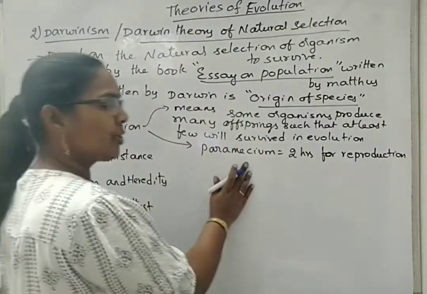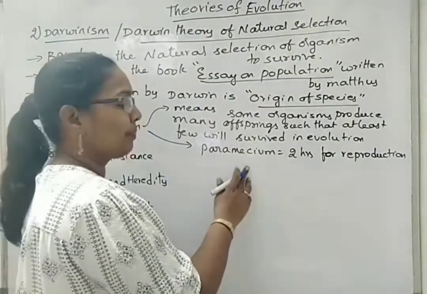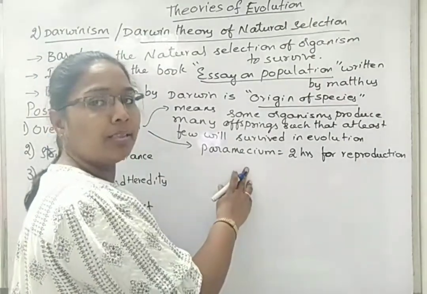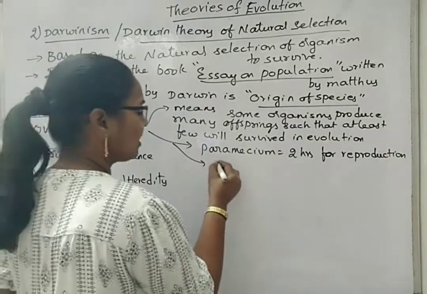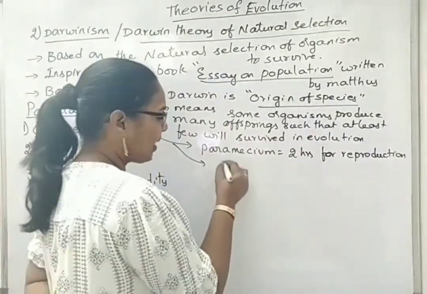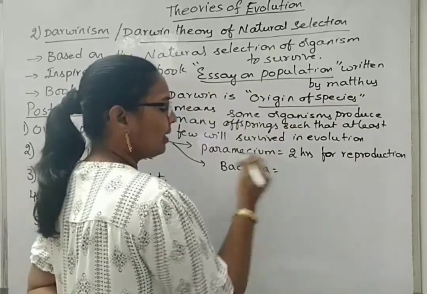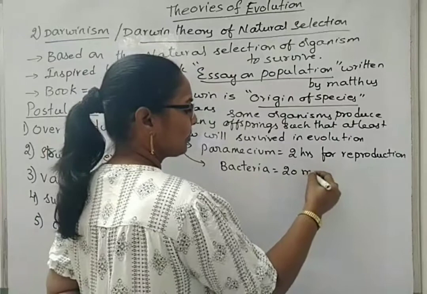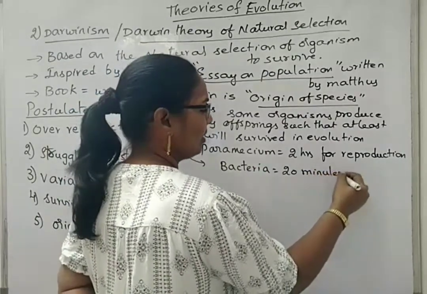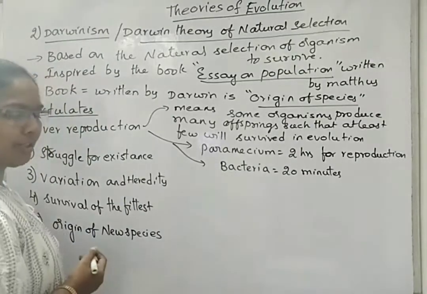It can be asexual, that is binary fission or transverse fission, or it can also be the conjugation method. Another example is bacteria. Suppose you take E. coli. Normally bacteria take 20 minutes for binary fission. It is said that E. coli takes 18 minutes for its binary fission.